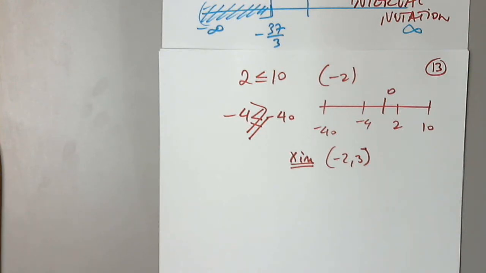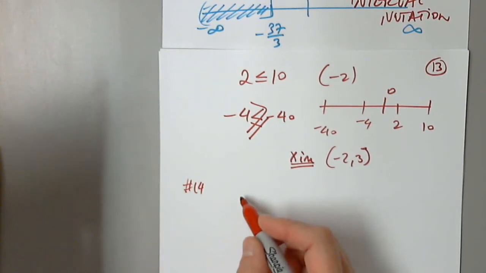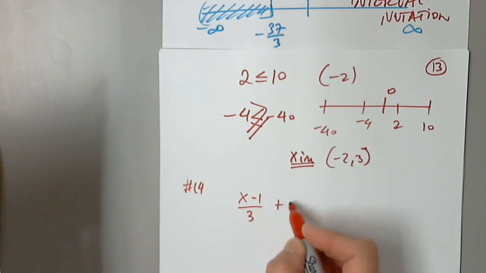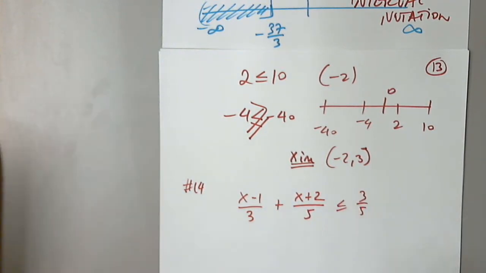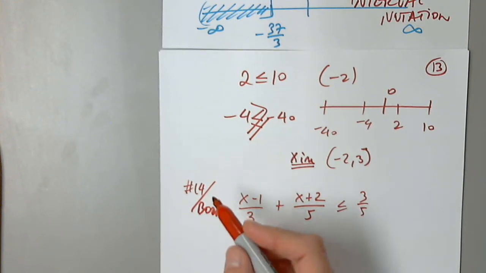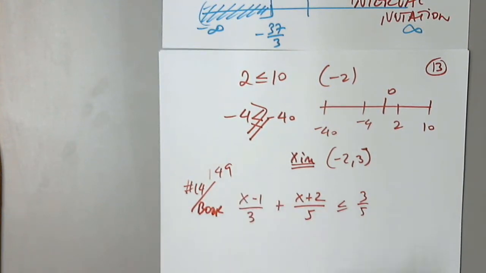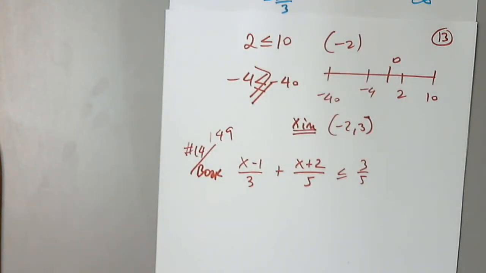So let's look at 14, which is x minus 1 divided by 3 plus x plus 2 divided by 5 less than or equal to 3/5. It is in the book, still on page 149. Okay, let's work on it for 1 minute.